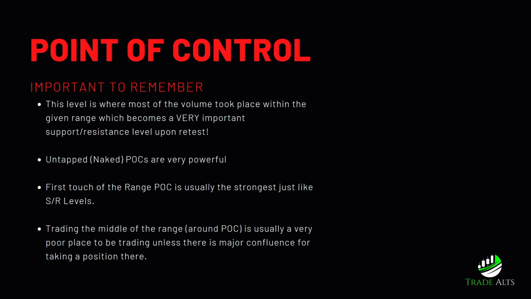But if there is confluence, say price has been away from the point of control for a while, and it comes in and maybe aligns with a golden pocket or something else, and you're assuming the first test of that point of control is likely going to get a bounce or a rejection, then that could end up being a really good trade. But for the most part, when it comes to range trading, taking new positions around the point of control is not really that great of an idea.